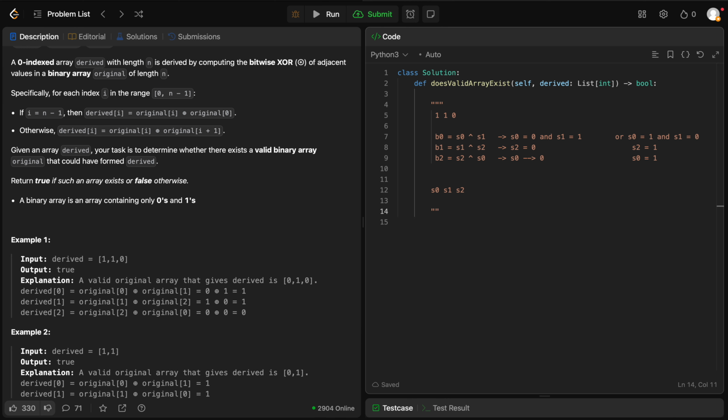Okay, but essentially I just need to start with something. And if I get here, or somewhere along the way, a value that it can't be, then I know it's a mistake. So let's have S0 equal to 1.